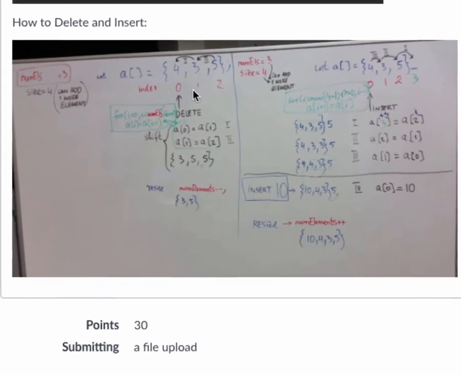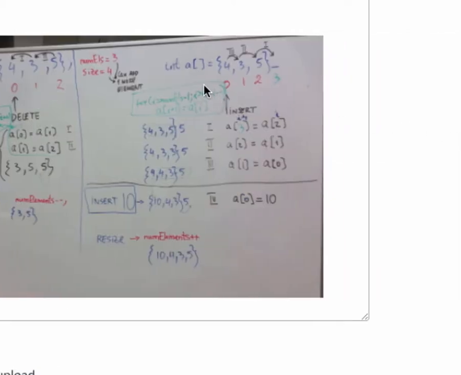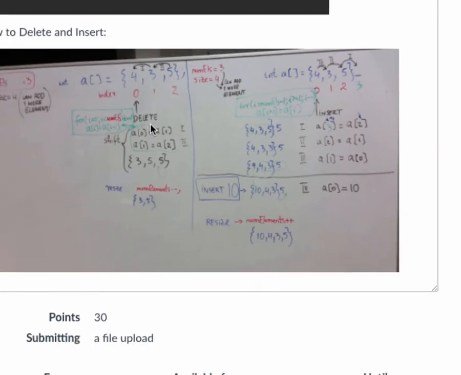If you're deleting a specific element, you have to shift all other elements to the right of it one to the left. And if you're inserting an element, you have to shift all elements to the right of it, including the place where you're going to be inserting, one to the right, right? And there's a couple of for loops in there that allow you to accomplish this.